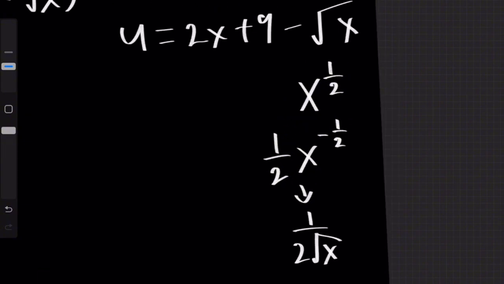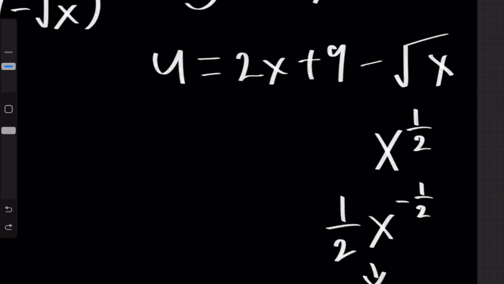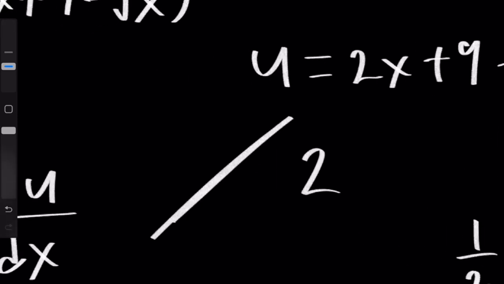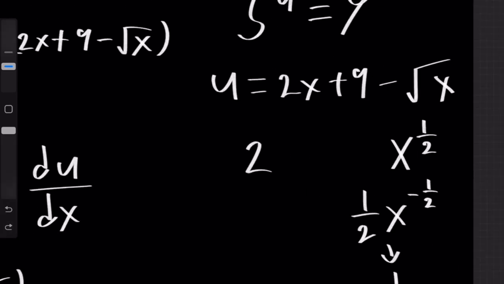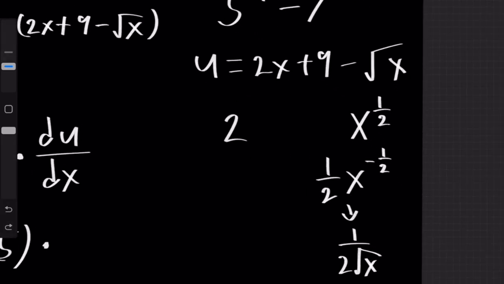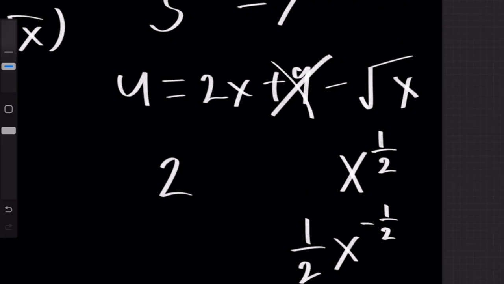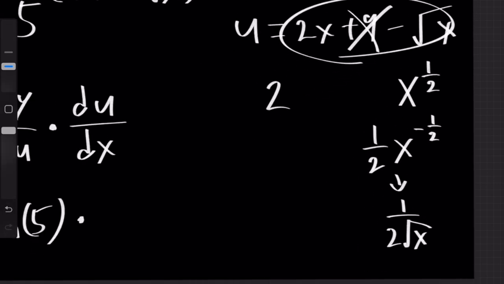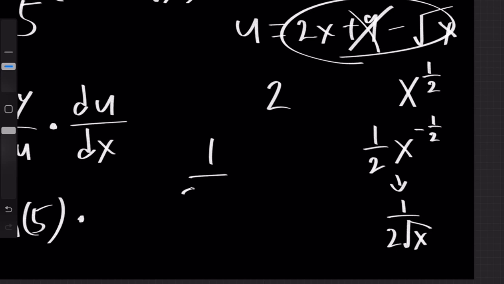That's the derivative of this. And this is a constant slope, so it's just going to be 2, obviously. It's a straight line, so the slope is going to be 2 at every single point. And this, again, we don't need to worry about. So the derivative of this entire function would be 1 over 2 square root x. Don't forget that it's negative, so negative plus 2.